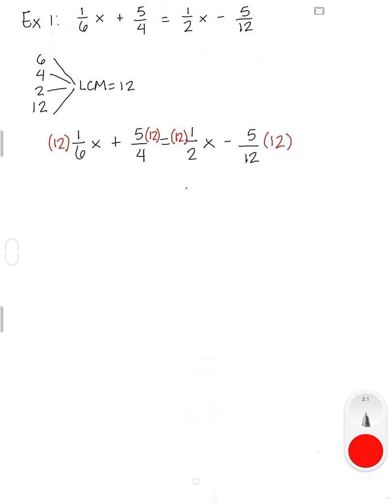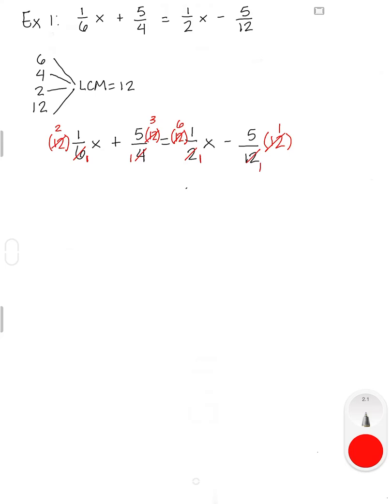So for instance, here we know that 12 and 6, right? 6 goes in both, so this 12 can become 2 and this 6 becomes 1. 12 and 4, both can be reduced by 4, so 12 becomes 3, and 4 becomes 1. 12 and 2, right? 2 goes in both, so 12 becomes 6, and 2 becomes 1. And then here 12 and 12, well, 12 goes in 12, so they both become 1, right?